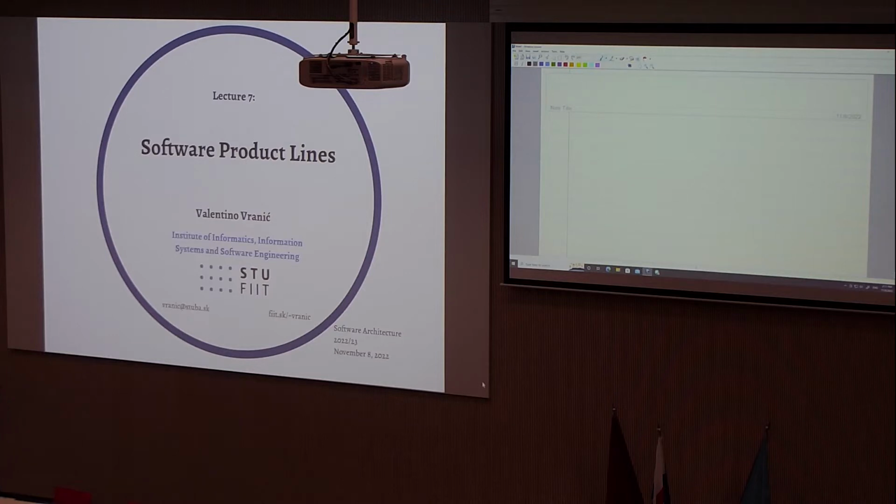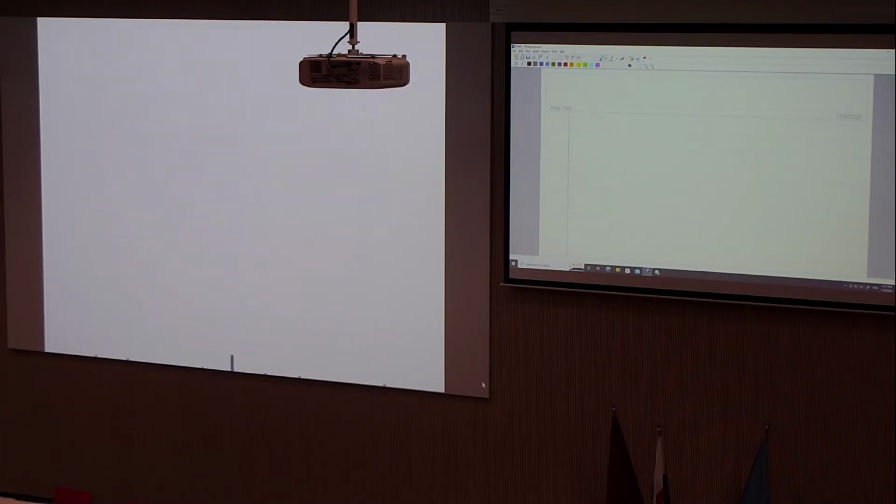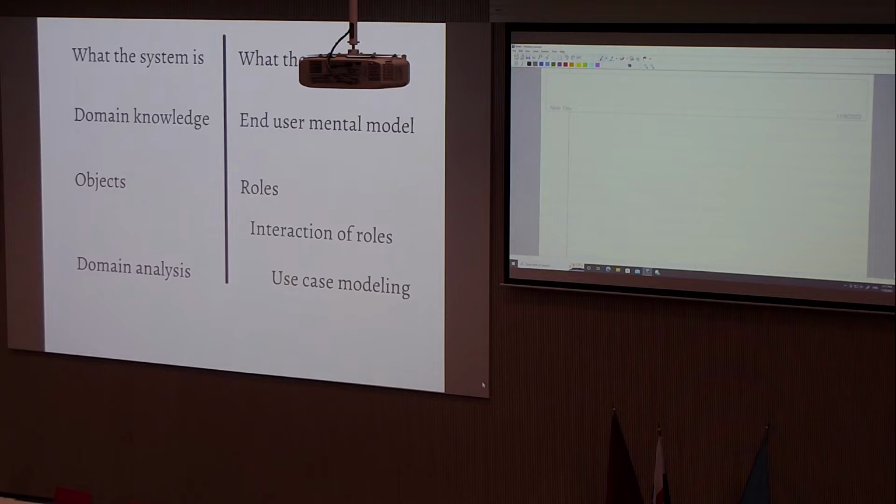So, how to approach this? I'd like to remind you of the scheme we had in one of the previous lectures, where we distinguished what the system is and what the system does.